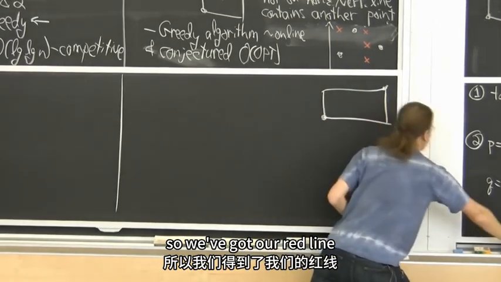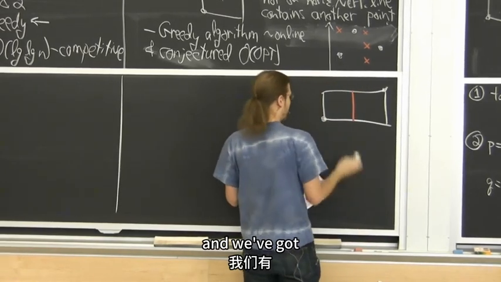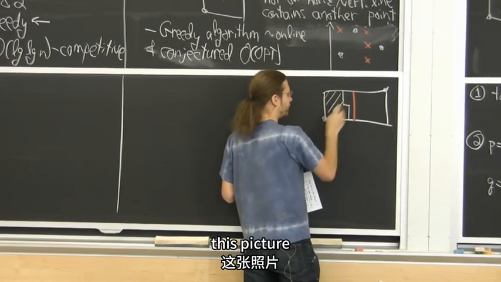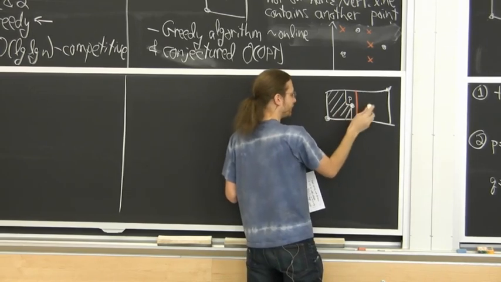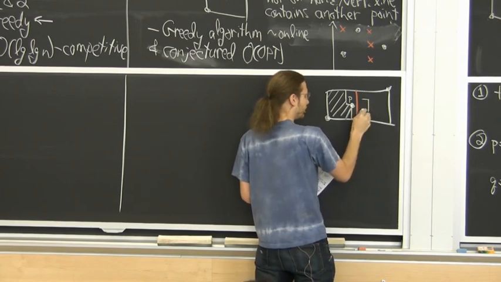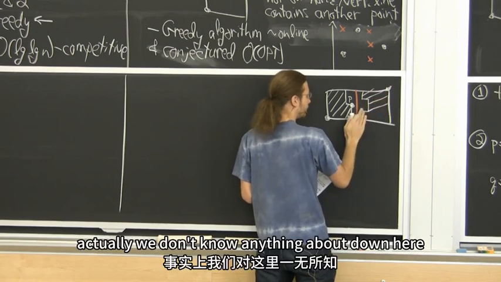So, something like this. We've got our red line, and we've got this picture. This is P, and actually we don't know anything about down here.